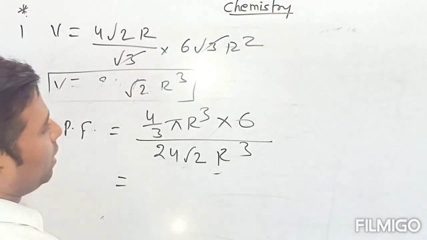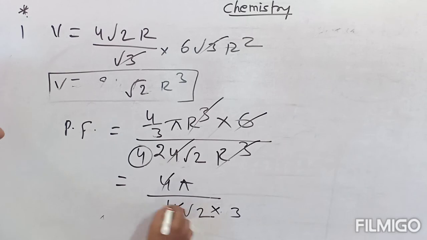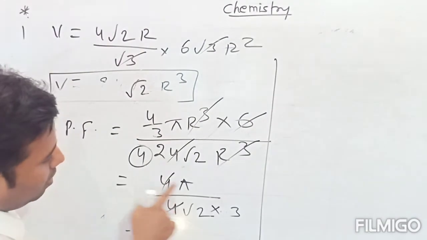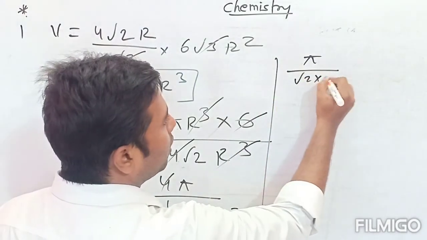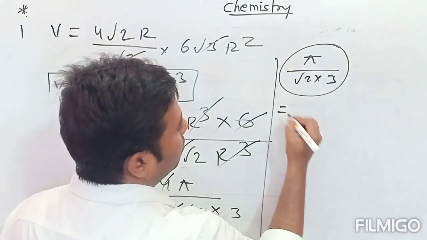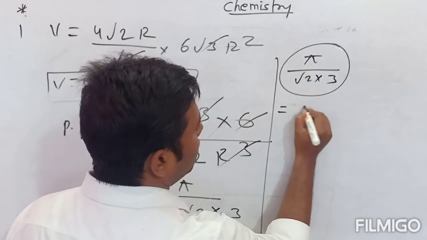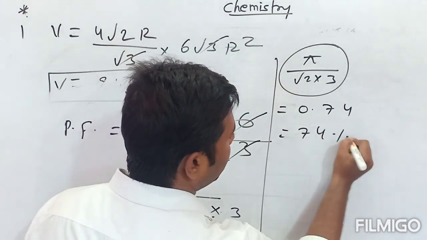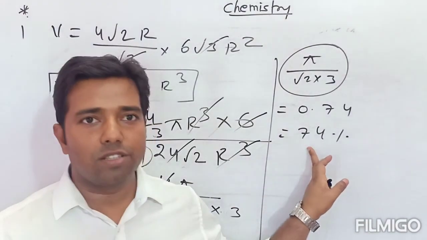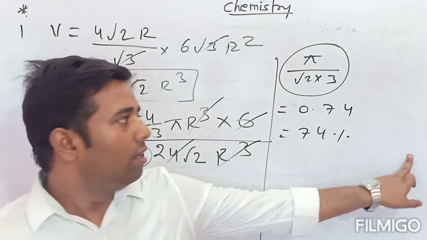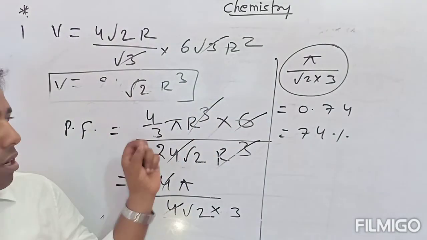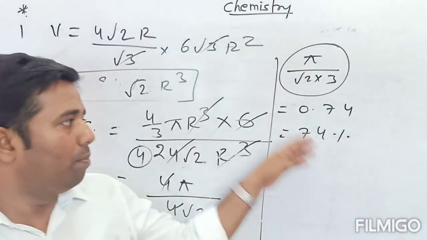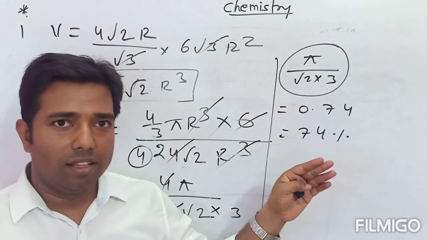Now by calculation, we get pi by 3 root 2, which is 0.74, that is 74%. This is the packing fraction of hexagonal closed packing in three dimensions. This is the most important topic, and you can see in any book, this is the correct process by which we can find the packing fraction of hexagonal closed packing. Thank you.